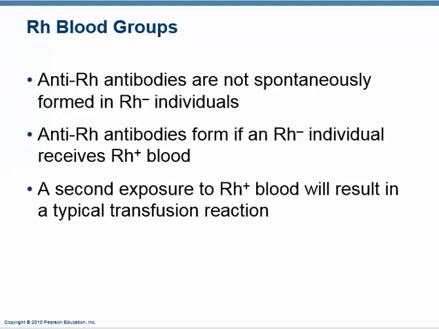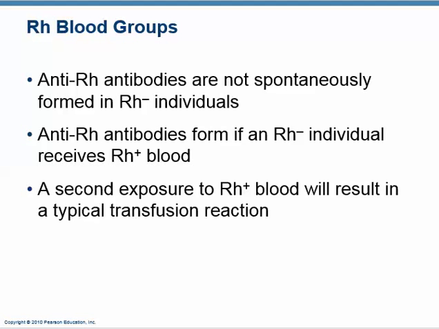If you are Rh positive, you don't make anti-Rh antibodies because you would attack yourself. So you never make the anti-Rh antibodies. If you are Rh negative, that means you do not have the antigen, and you will make the anti-Rh antibody, but only if you are exposed to Rh positive blood at some point.